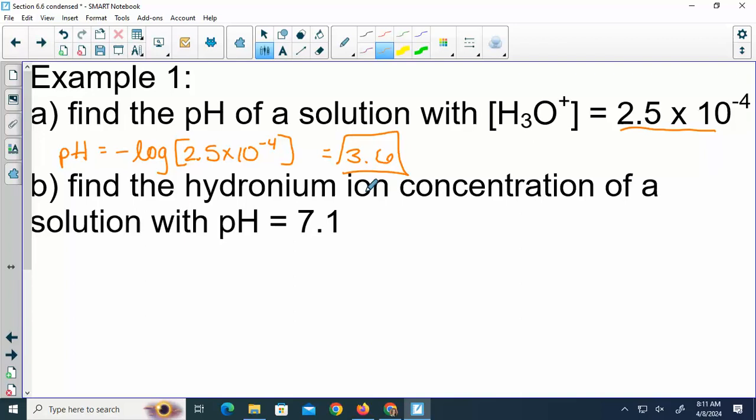Then find the hydronium ion concentration of a solution with a pH equal to 7.1. So this time I know my pH, but I'm looking for this H3O+.